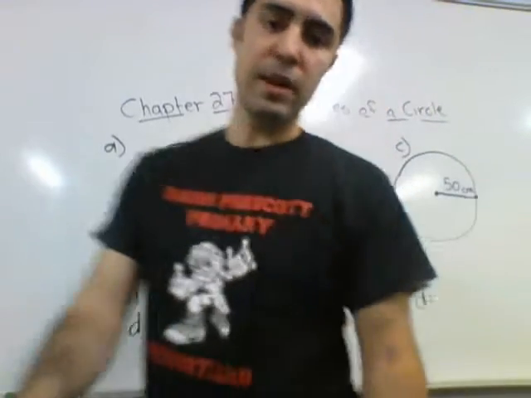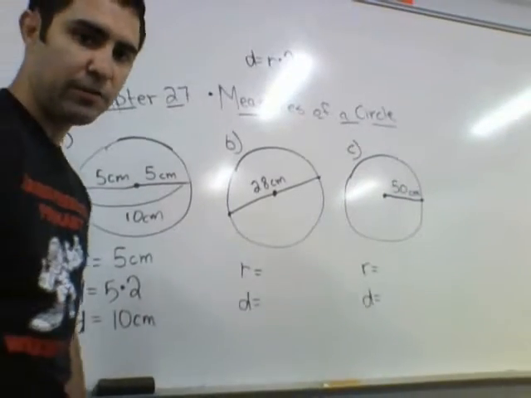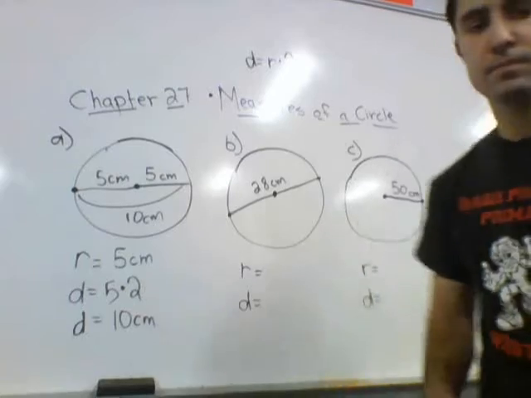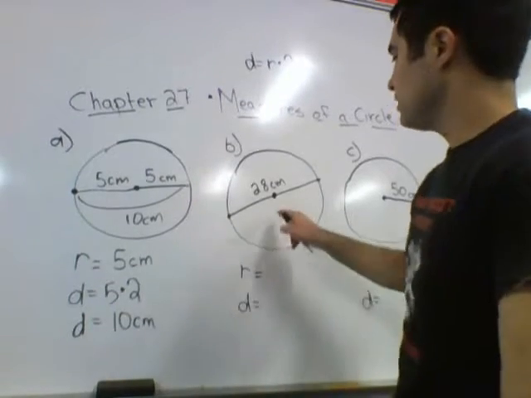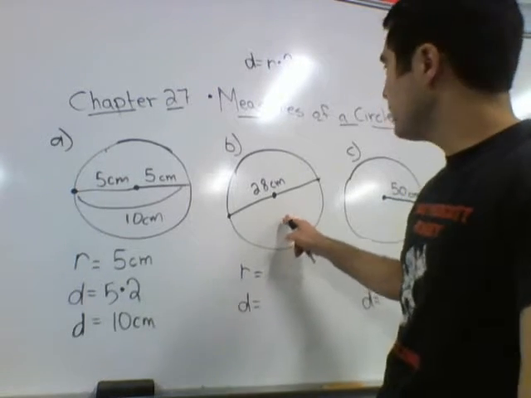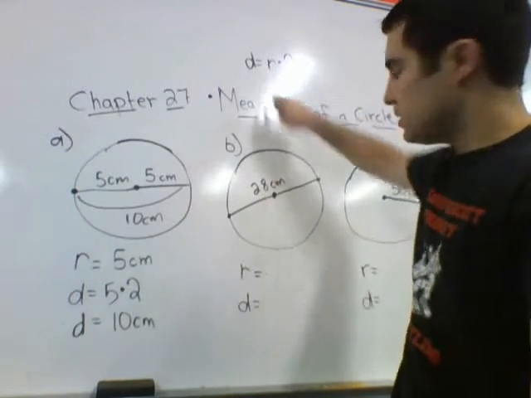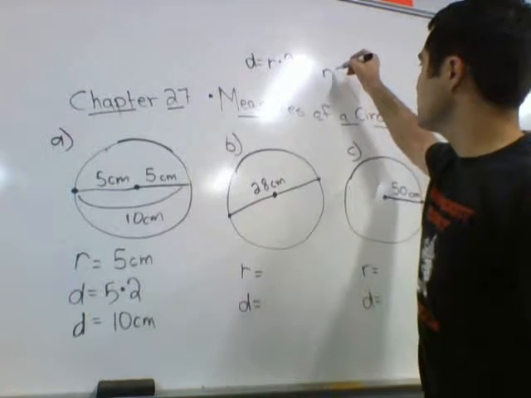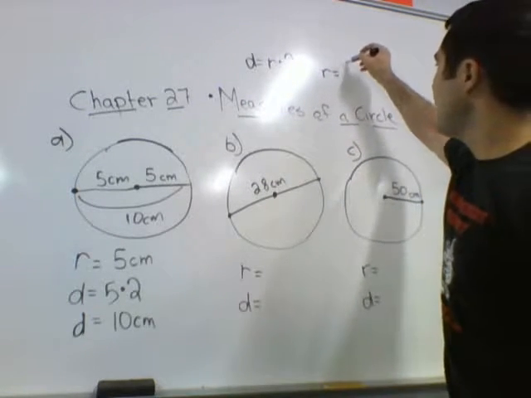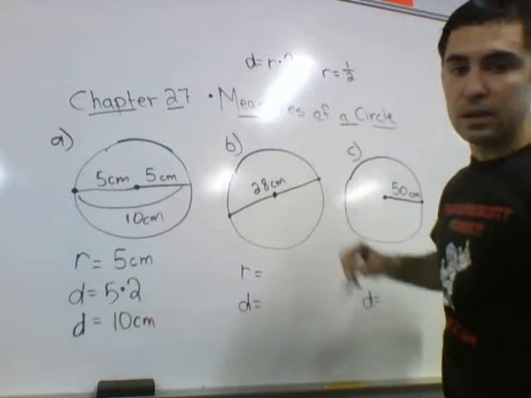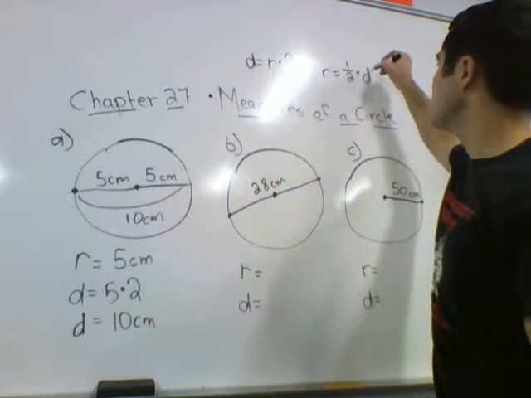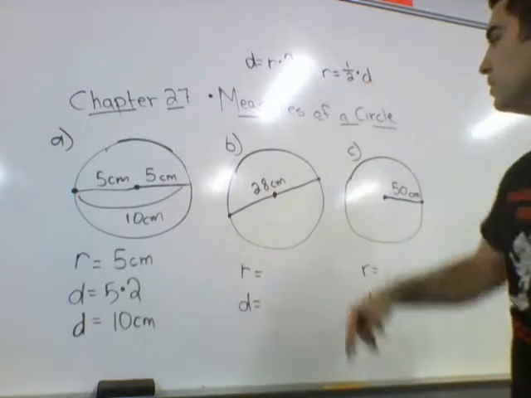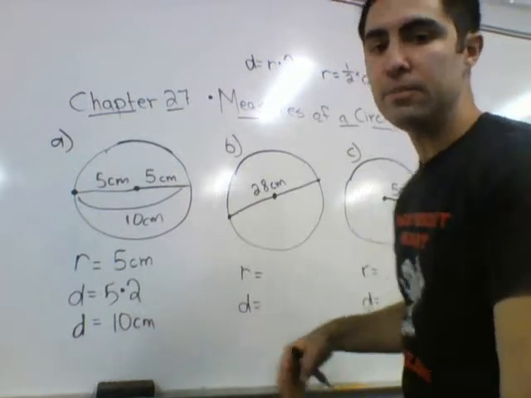All right, you go ahead and do these next two by yourself and see how you guys turn out. All right, this one was kind of a trick question. You had to use what you know about this to extrapolate what the radius might be. The radius is always half of the diameter. So you basically take the diameter and you cut it in half, or you divide it by 2.